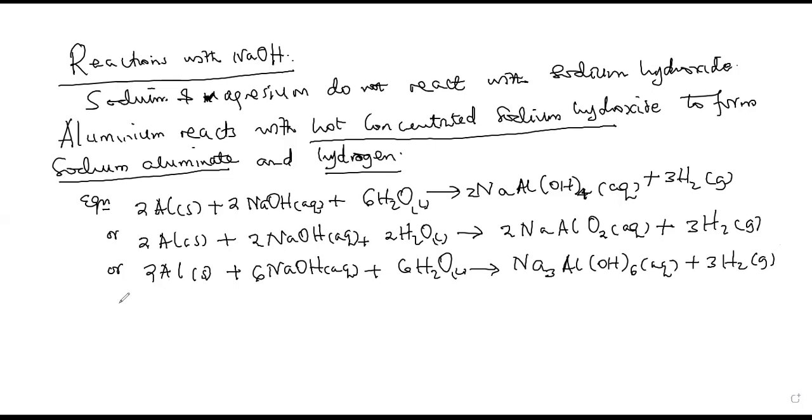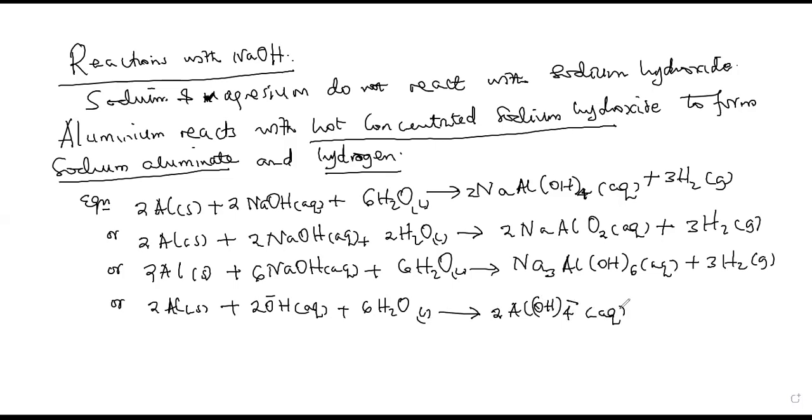Now, you can as well write ionic equations for these. You have 2 aluminum for the first one, plus 2 hydroxide ions, plus 6 molecules of water. You're going to form 2 aluminate ions and the hydrogen gas.